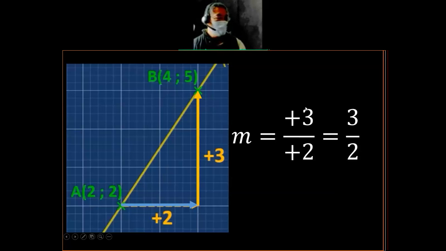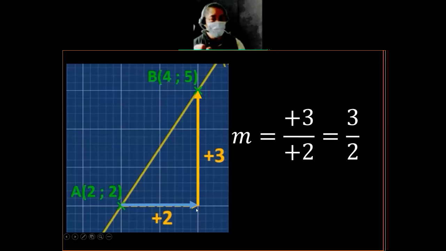The 3 is the rise. So I have 2 points, A and B. First step is to choose which one is your starting point. We start from A. It doesn't really matter, you can start from B, but usually we go from the left to the right. So if we start from A, what is the path that you need to do using the rise and run to go from A to B?